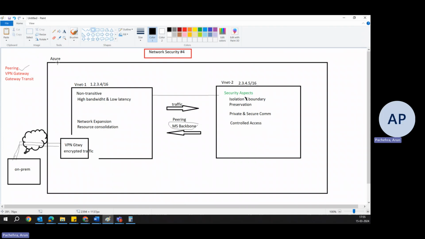If you have somebody sitting here thinking, I would like to work from home today because of XYZ reason, he can do that through his laptop sitting here, and it can directly connect to this VPN gateway through point to site. For that, you need VPN gateway too, and again, it will ensure that the data in transit is encrypted and protected from eavesdropping.